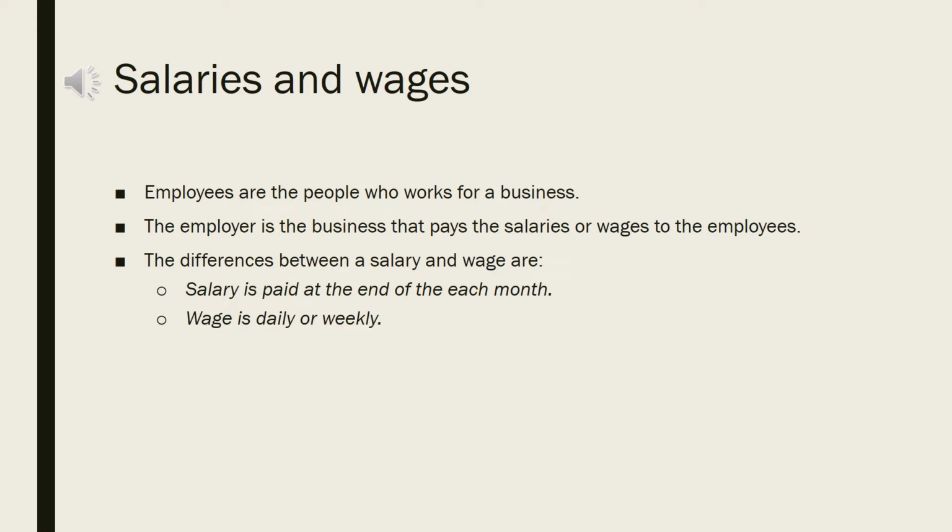While a wage is paid weekly or daily, and the amount can change depending on the hours a person works, or depending on the units that you are producing. So if you are tasked to produce 10 units of earphones, for example, and you produce less, they will pay you based on the amount you have produced.